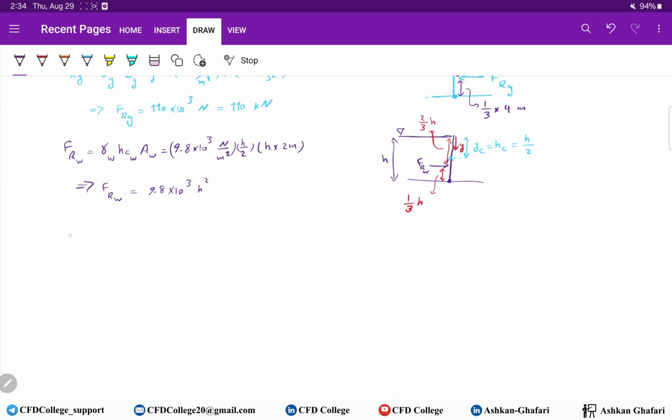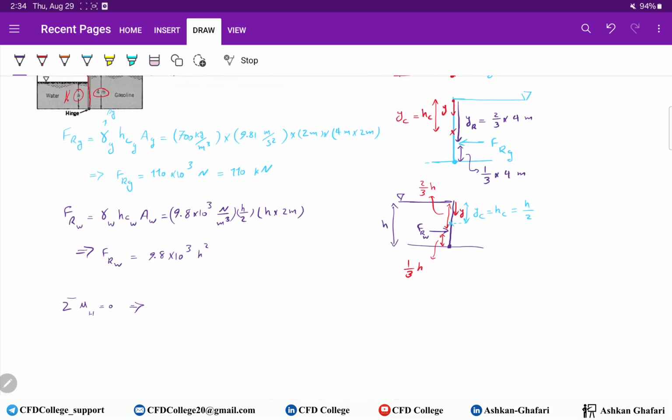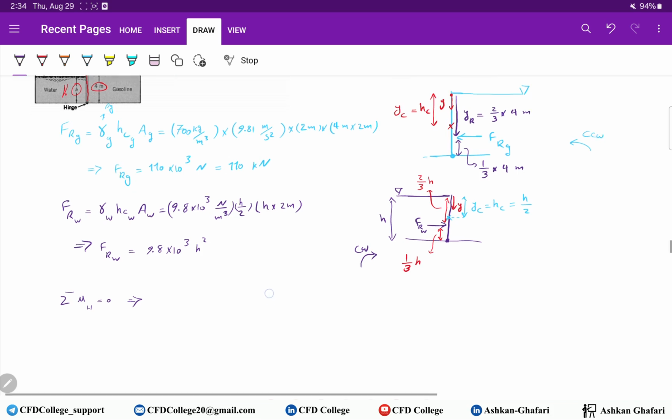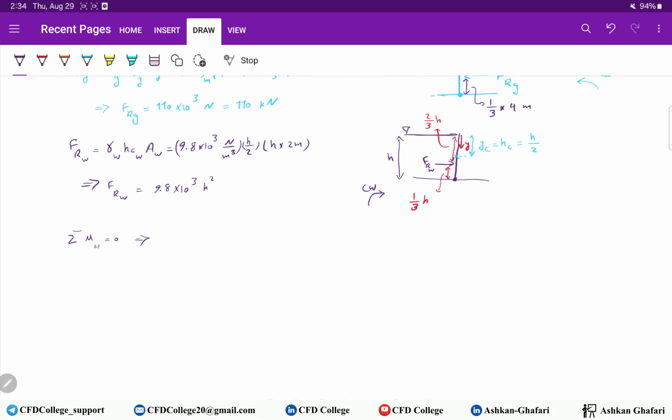And now we know that the summation of moments over the hinge should be 0. FRW produces clockwise moment, while FRG produces counterclockwise moment. So they are in the opposite direction.